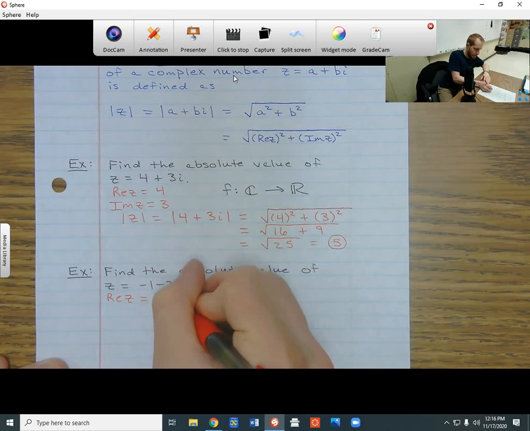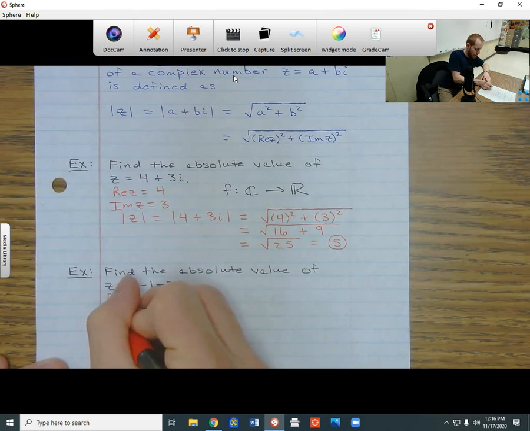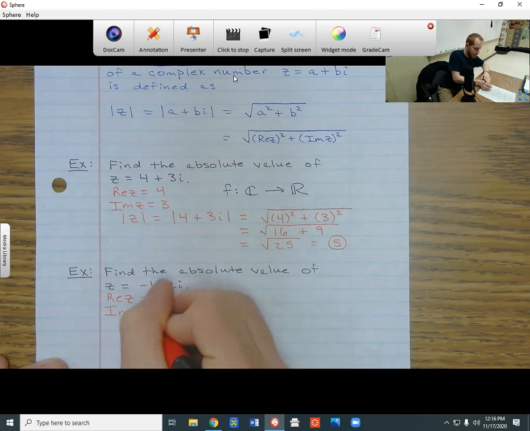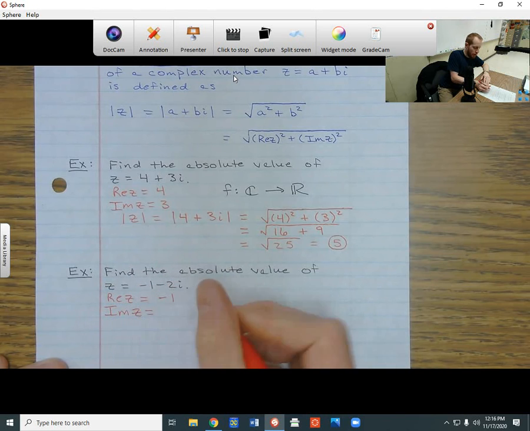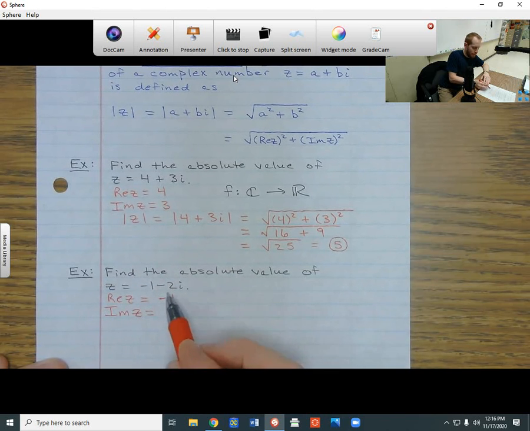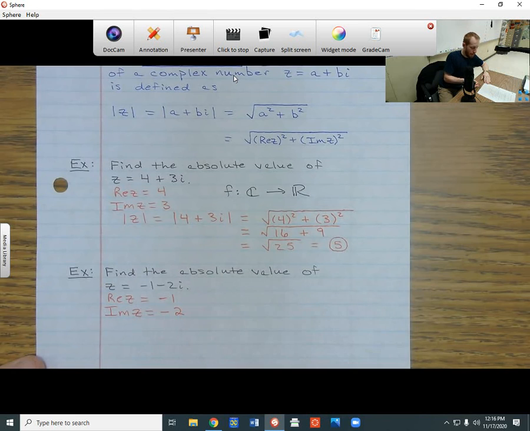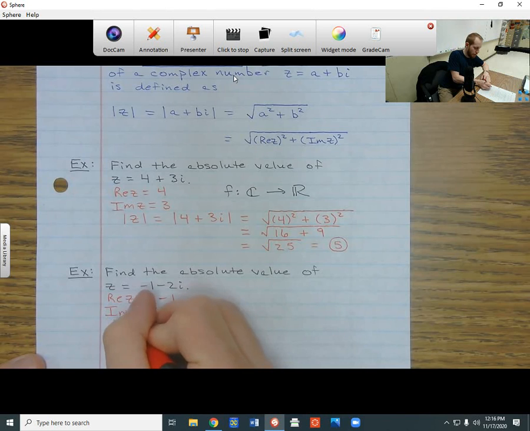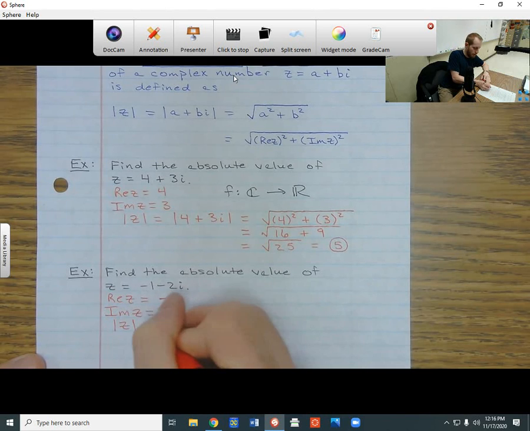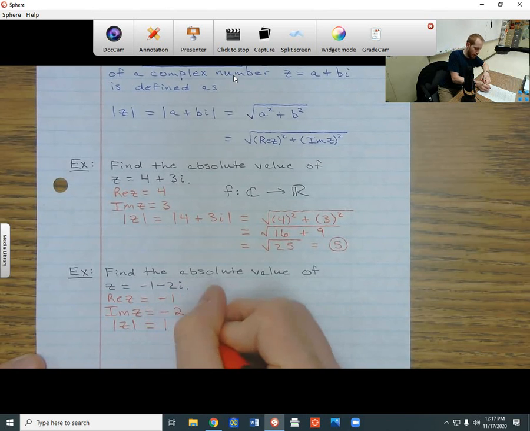This time it's going to be negative 2, because I have this negative out in front. So now I know what my a is going to be, I know what my b is going to be, and I can find the absolute value of z. So the absolute value of z is equal to the absolute value of the complex number, negative 1 minus 2i, and then I put it into my formula that I have up here.